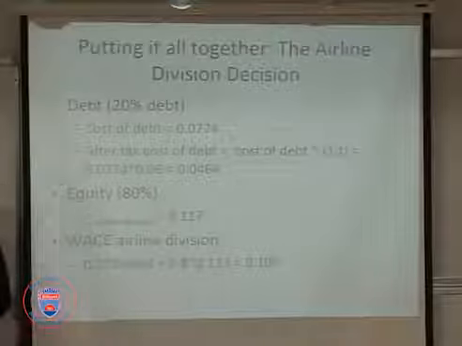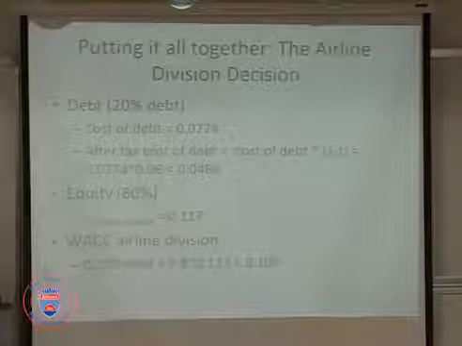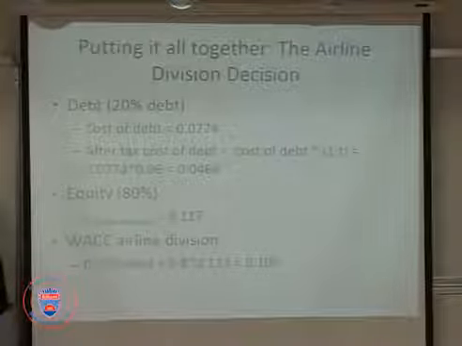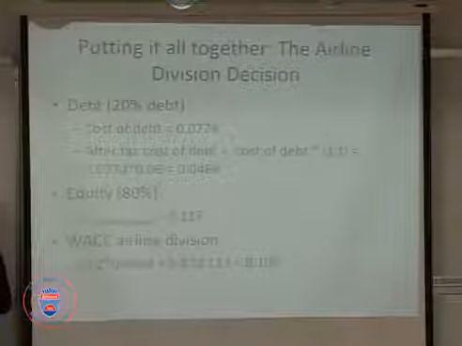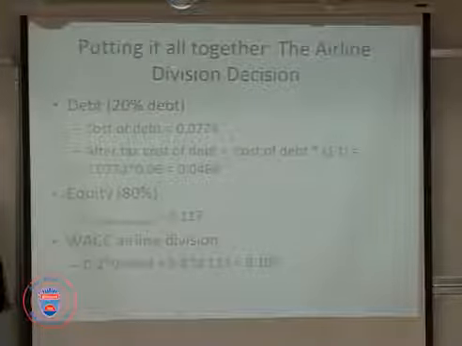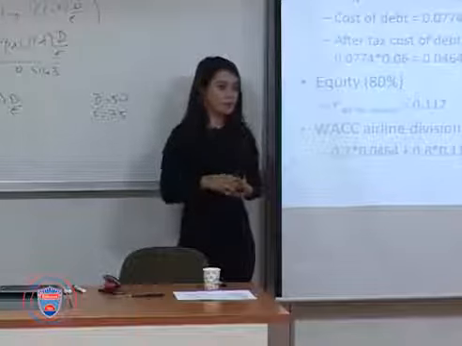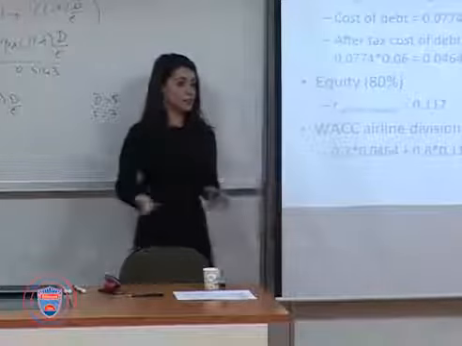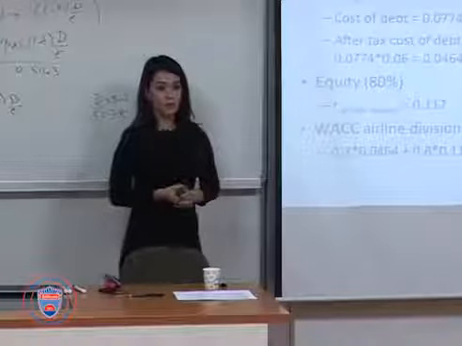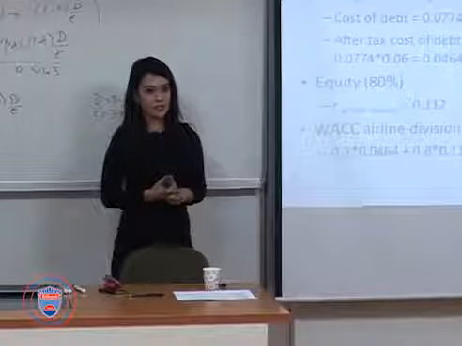So WACC is 10%. What was the return you expected? Do you remember it? 17%. Would you take this investment? Yes. The return you hope to get is 17%. Cost of capital is 10%. It's a good investment. You take it.